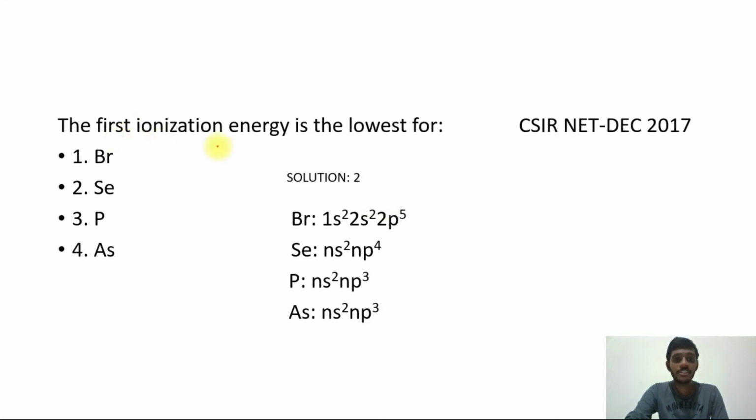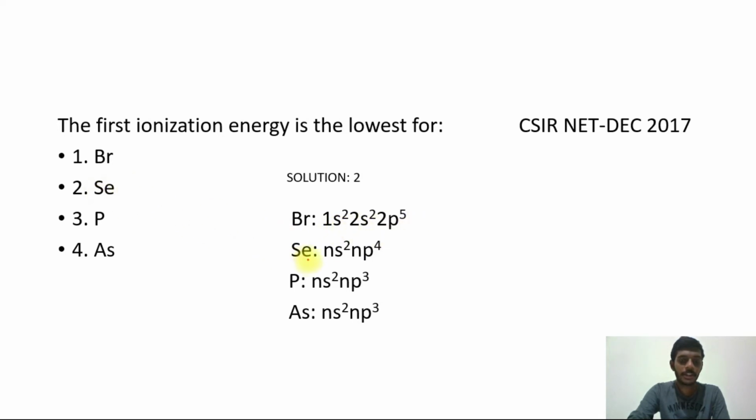The first ionization energy is lowest for which? The options given are bromine, selenium, phosphorus and arsenic. We know that while going from left to right along a period, the ionization energy increases. For bromine, the electronic configuration is 1s2, 2s2 and 2p5.